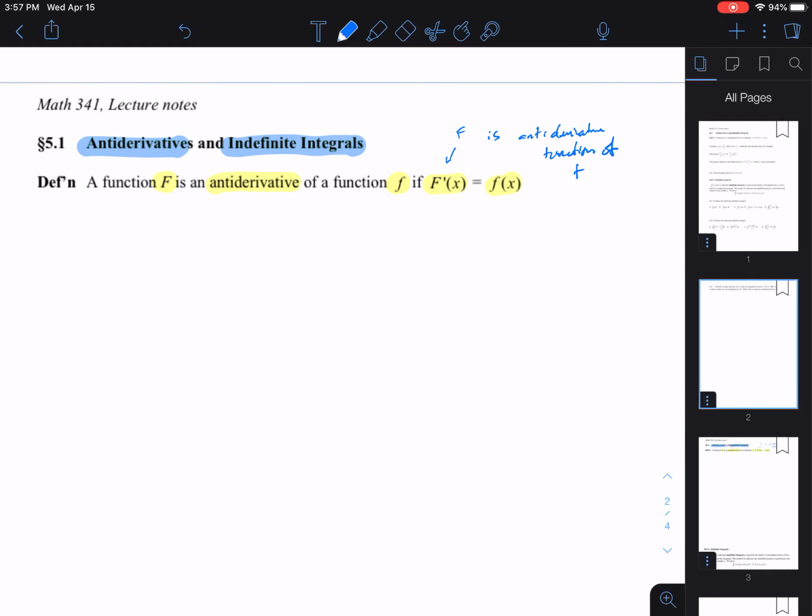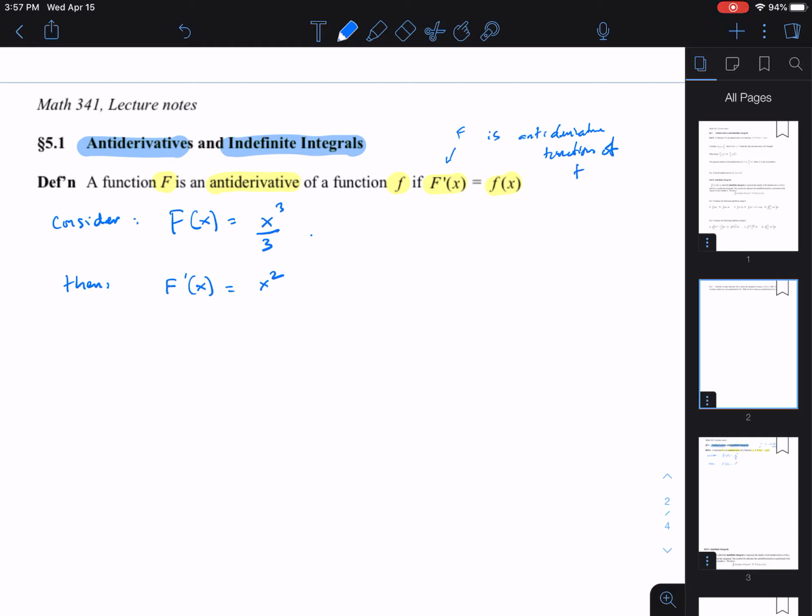Let's consider a big capital F function to be x to the third over 3. Then will you say that capital F prime, or the derivative of this function, is just x squared?